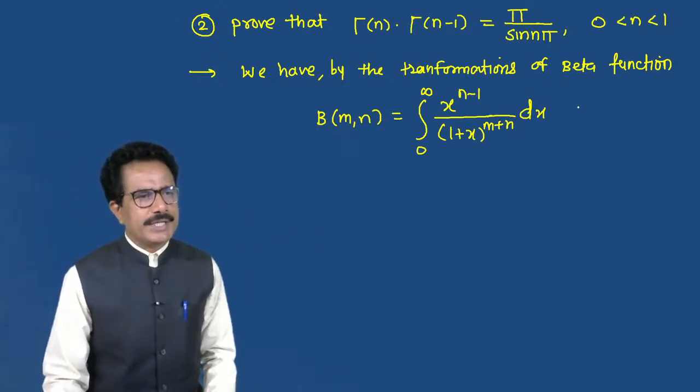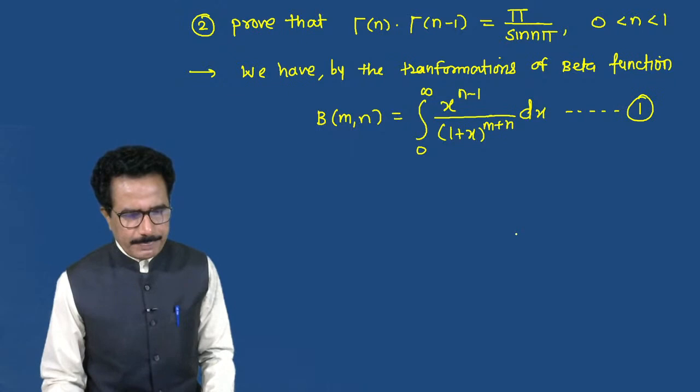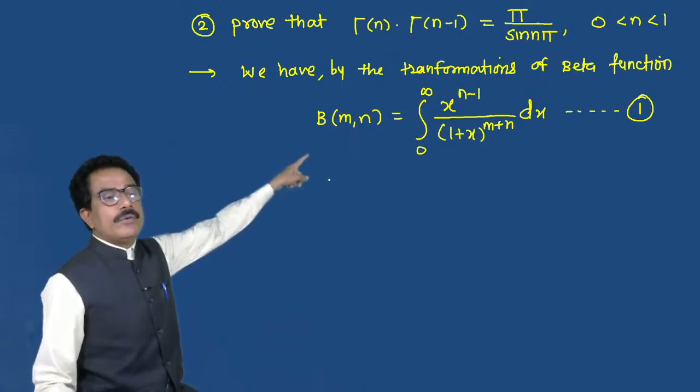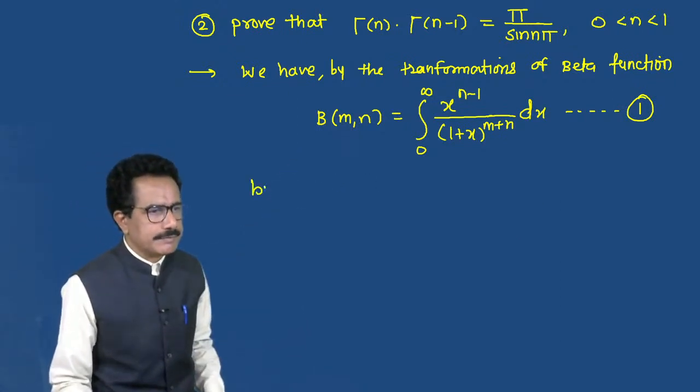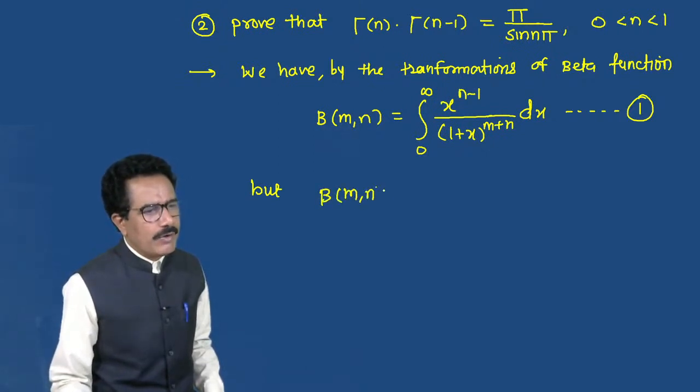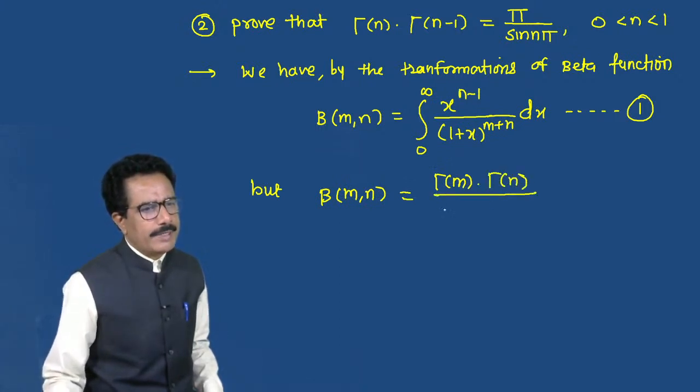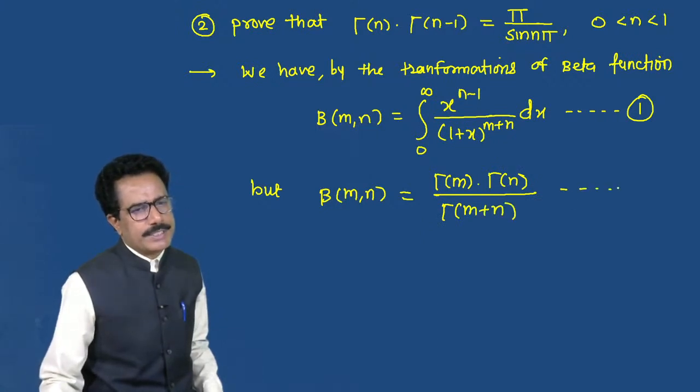And the given condition is 0 is less than n is less than 1. Suppose this is equation number 1. Now we know that we have proved beta of m comma n is equal to gamma m into gamma n divided by gamma of m plus n. Suppose this is the second.